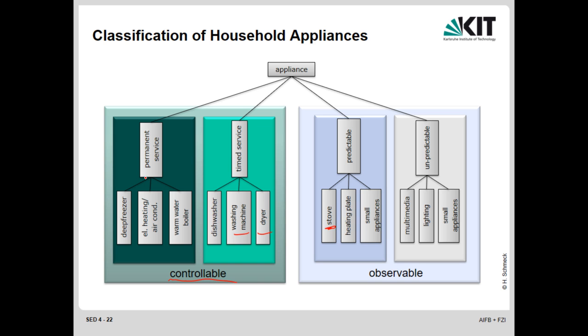And then you have permanent services, like a deep freezer, a heat pump, or whatever devices provide their service in a continuous way or in some intervals, and you can modify the intervals. But those which are observable are also distinguished into predictable and unpredictable elements.